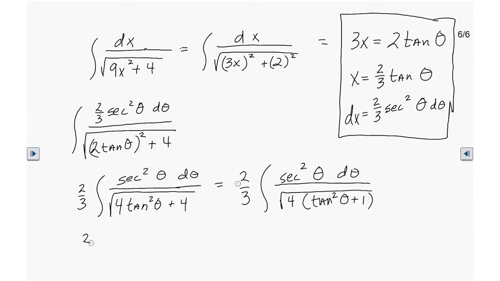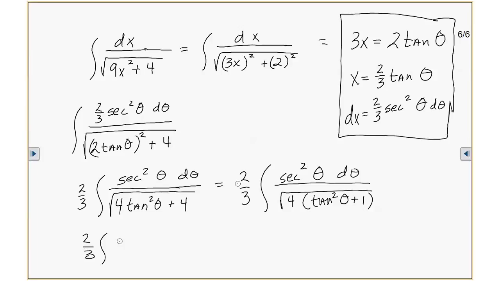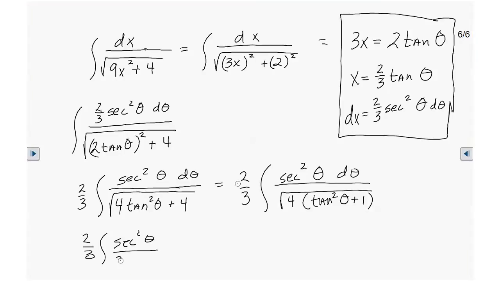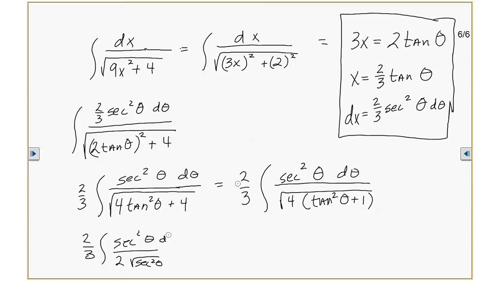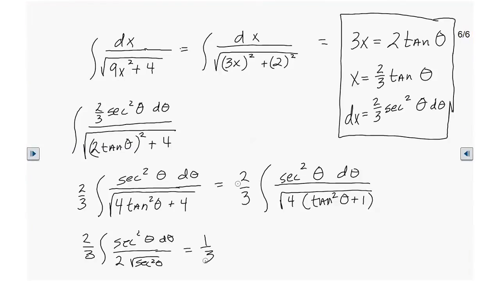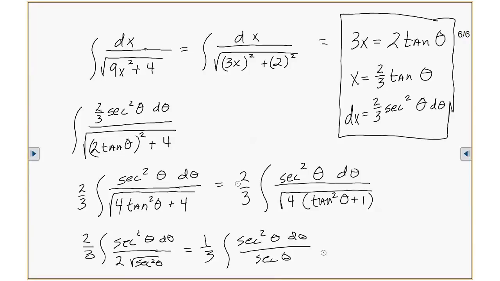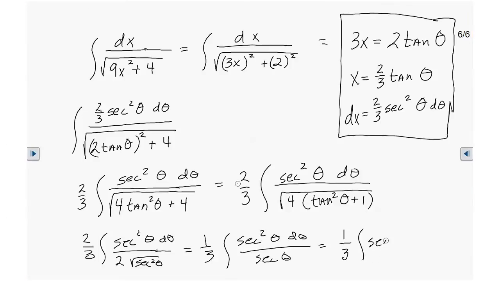So 2/3 secant squared theta over 2 square root of secant squared theta. And that's going to be 1/3 secant squared theta d theta over secant, which is 1/3 the antiderivative of secant theta d theta.